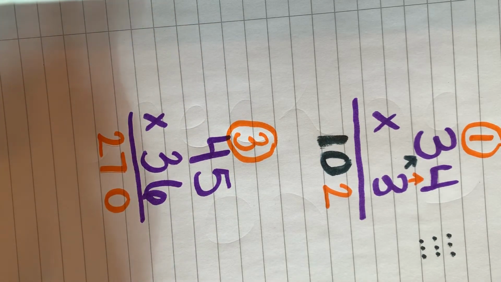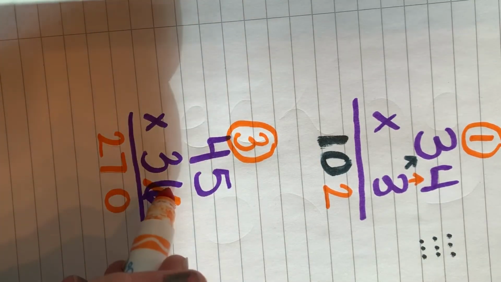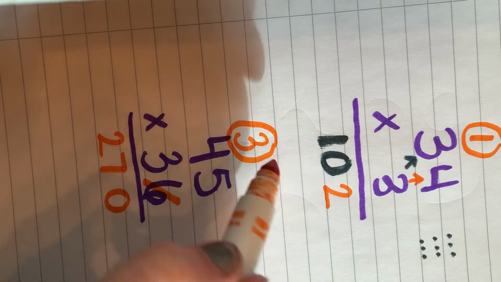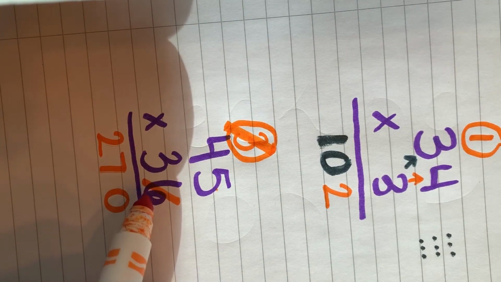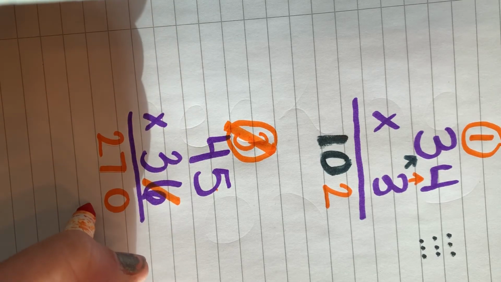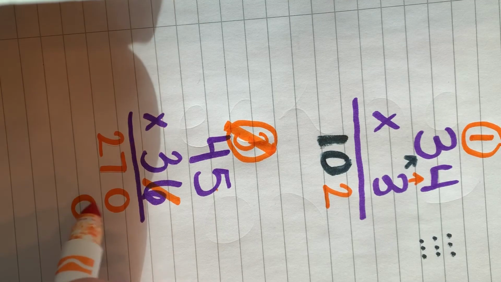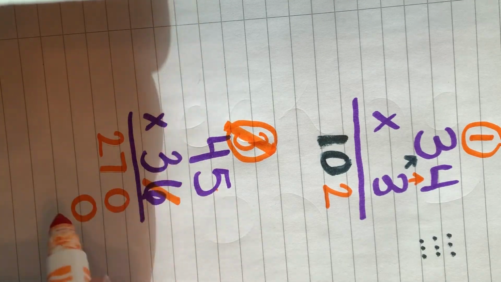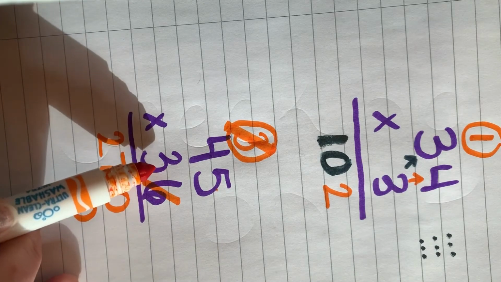Now I've taught you guys when you get to this step, you are done with the 6. You've cross multiplied, so you're crossing out your carry. You cross out your 6, and then you bring down a 0 to represent that this entire ones place is done. You're done with it because now you're moving on to doing your 10s.